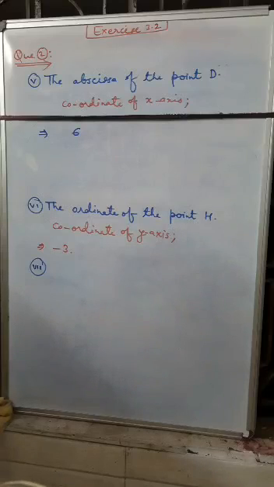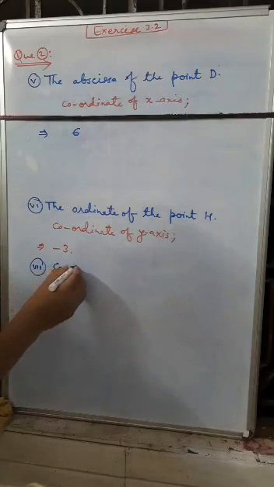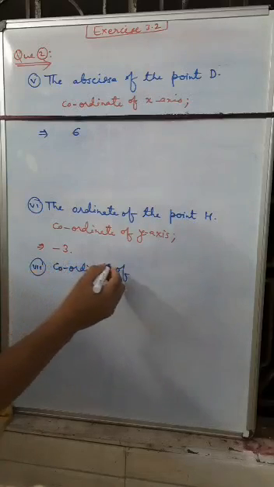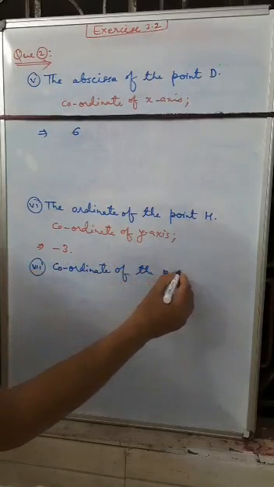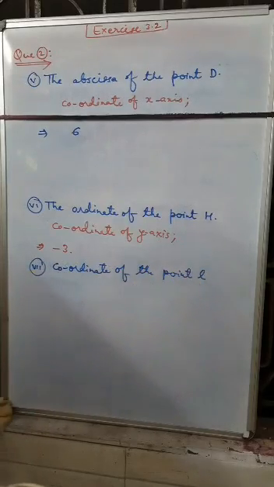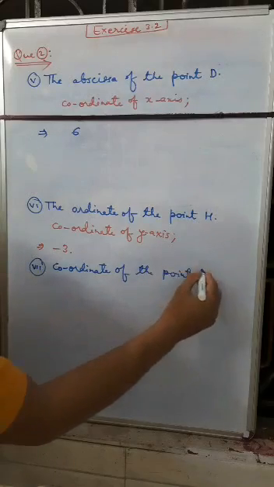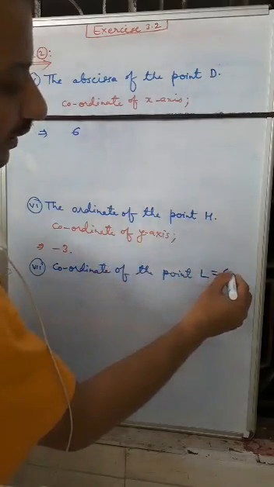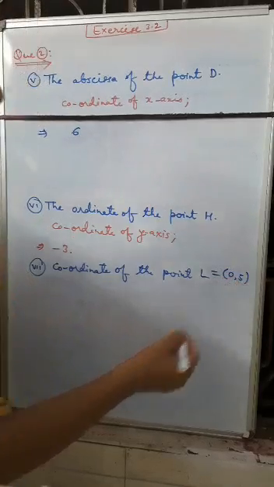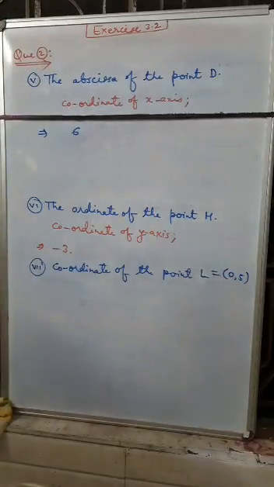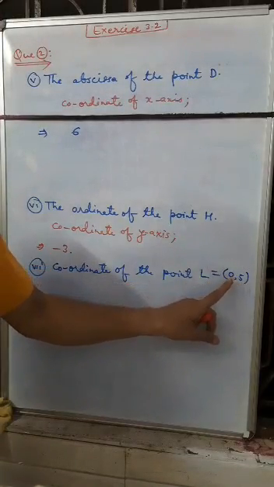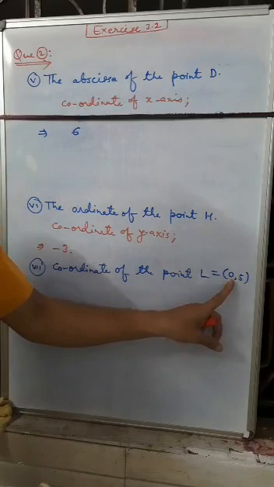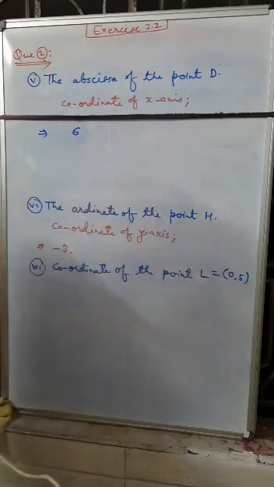So the coordinate of point L is equal to (0, 5). Because this point is situated on y-axis, definitely the coordinate of x will be 0. So on y-axis the coordinate of x will be 0, or on x-axis the coordinate of y will be 0.